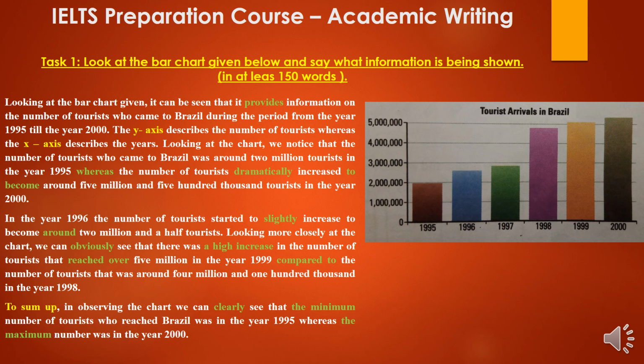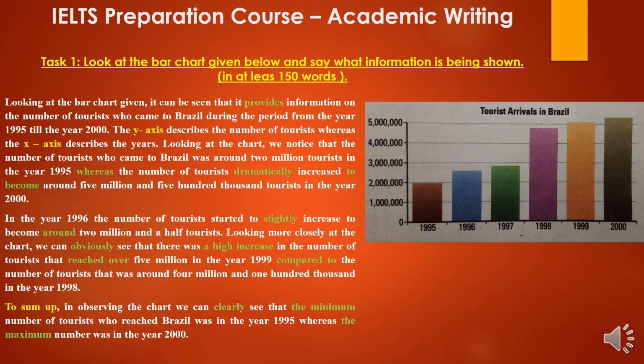In the year 1996, the number of tourists started to slightly increase to become around 2.5 million tourists. Looking more closely at the chart, we can obviously see that there was a high increase in the number of tourists that reached over 5 million in the year 1999 compared to the number of tourists that was around 4,100,000 in the year 1998.